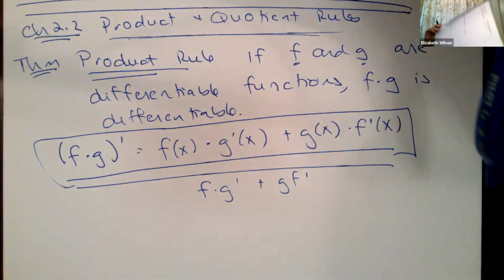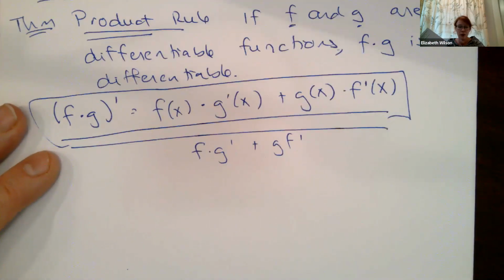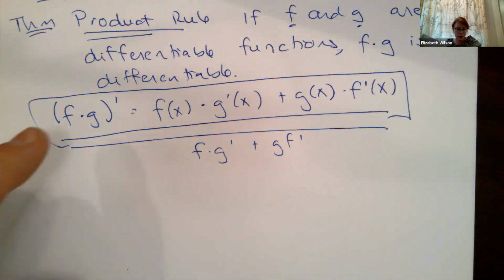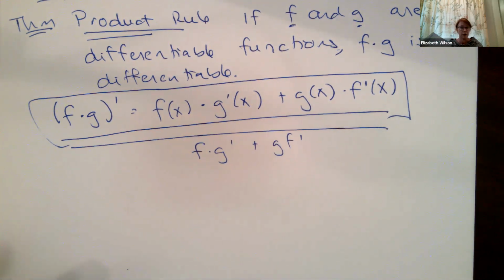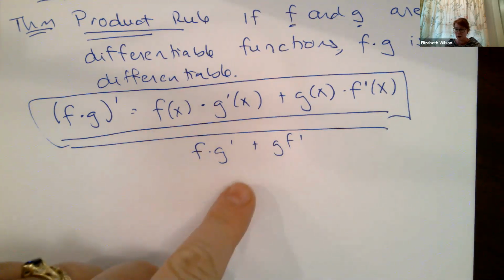And this also comes from, this isn't just like magic too, this comes from our limit as h goes to 0. If I worked that whole thing through and I took the product of those, I would see this is what comes out of it, right? We can come out with the product rule, so I don't have to take the limit each time. But in the background, we're actually taking the limit as our secant line approaches our tangent line.